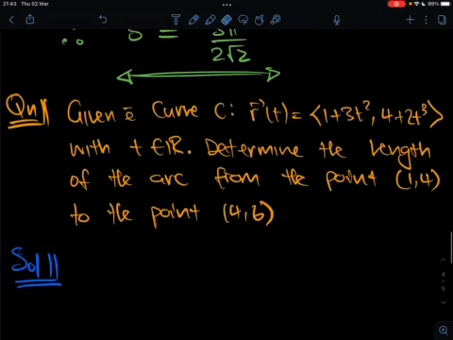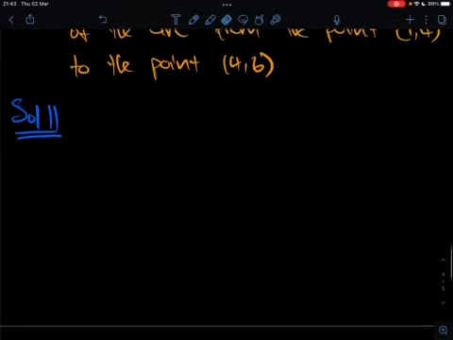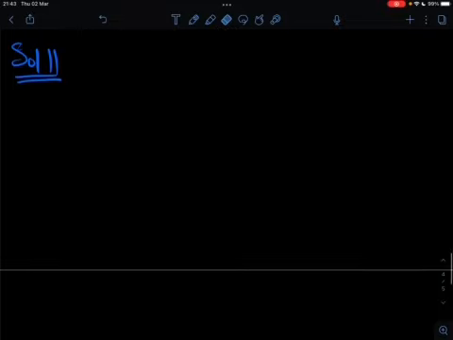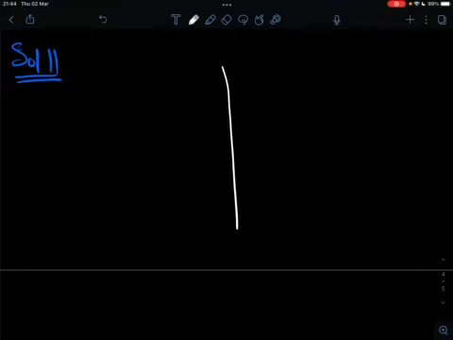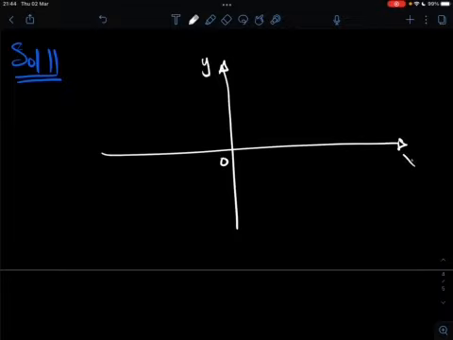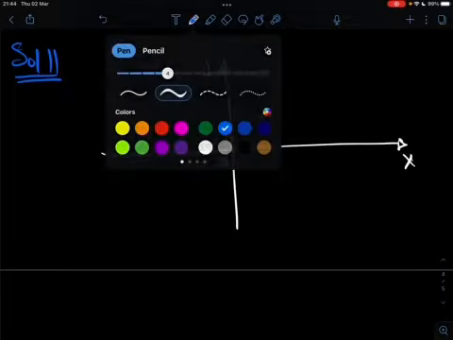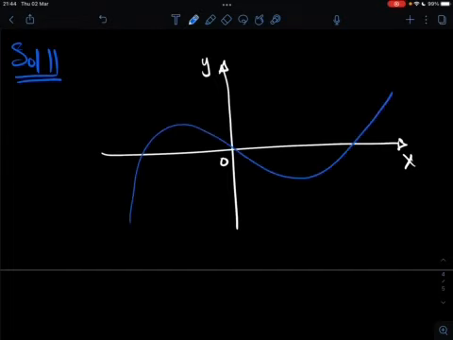Since this is two-dimensional, let's not complicate things by drawing it in three-dimensional space. So we have y, 0, x, and inside this 2D space there is a curve. I don't know exactly how it looks, but it might be something like that.